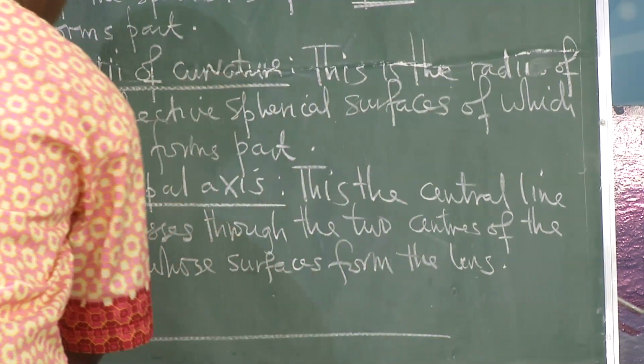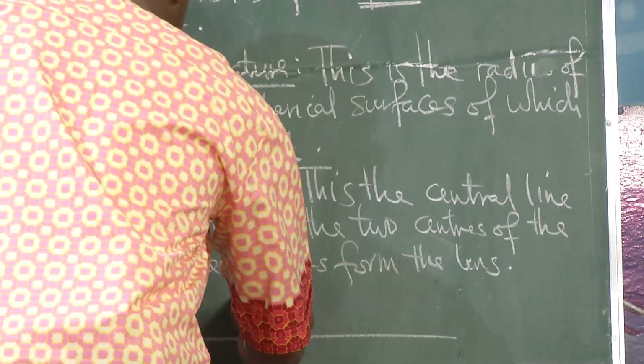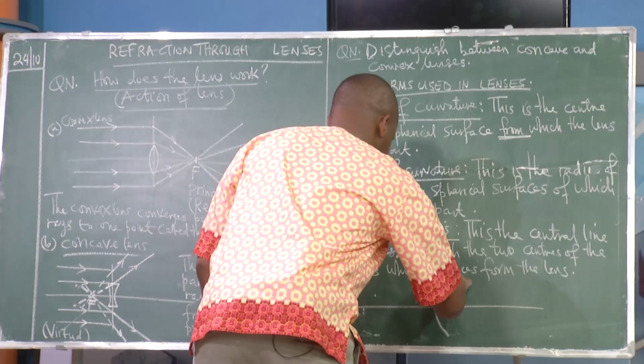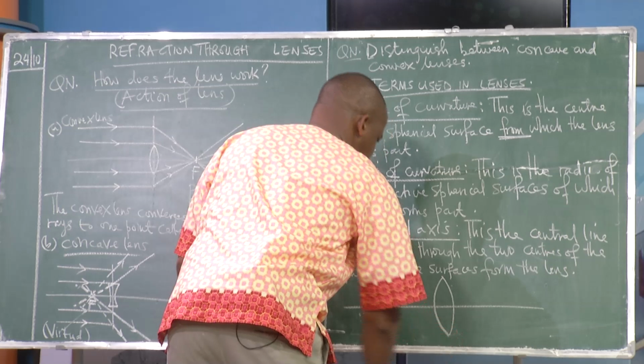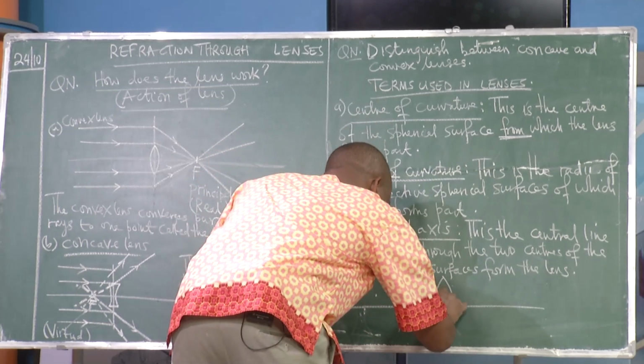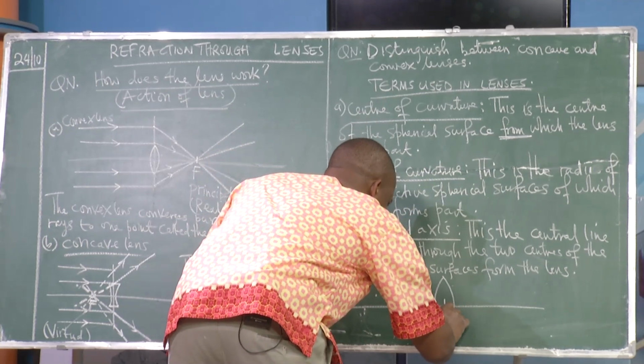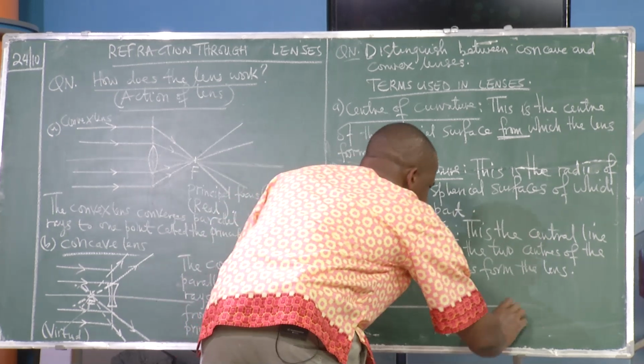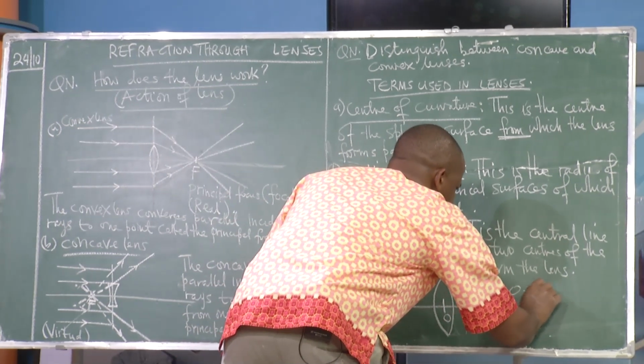I can illustrate a few points here by labeling. If I use this type of lens, this point that I'm going to call O is going to be called the optical center.